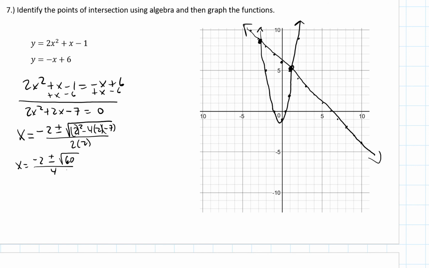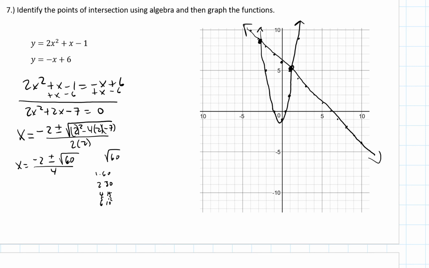This is exact, so to simplify the square root of 60, off the top of my head I don't know what that is. So we've got 1 times 60, 2 times 30, 4 times 15, and then 6 and 10, 5 and 12.